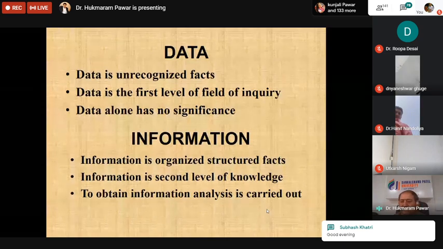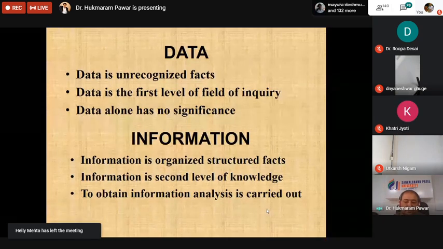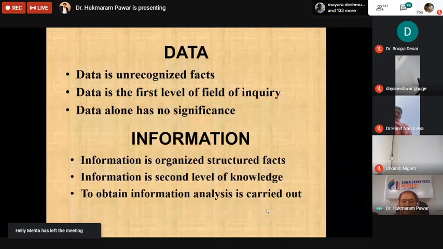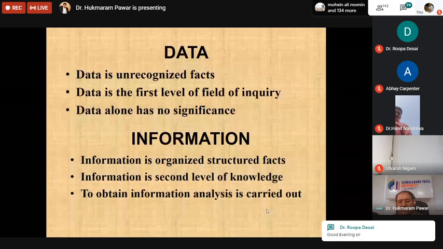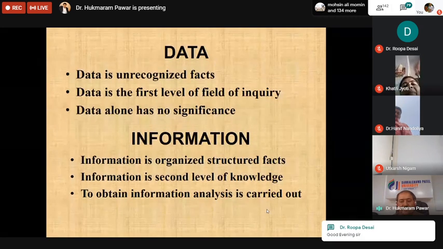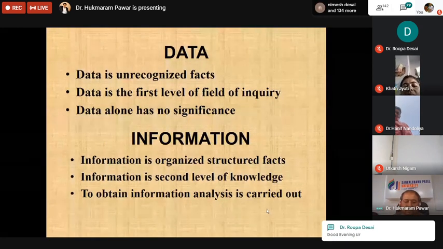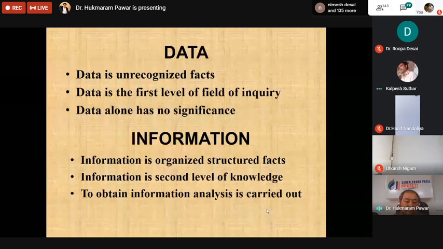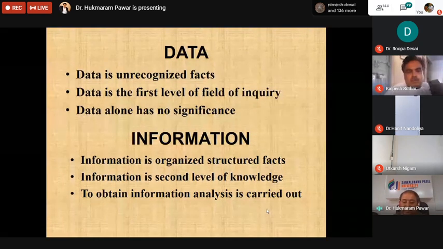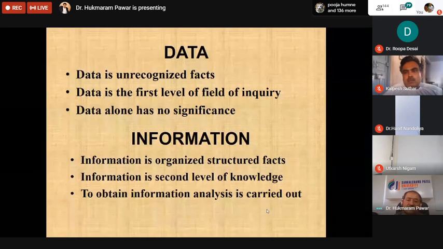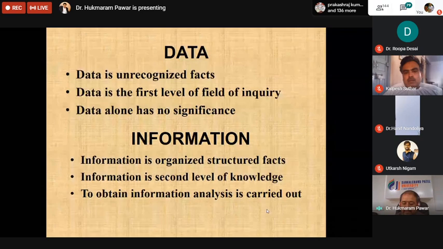So information is organized, structured fact. Data becomes information after it is manipulated, after measuring it, and after arranging it in a systematic way. So information is the second level of knowledge. To obtain information, analysis is carried out, and for analysis purposes we need to understand data and types of data.